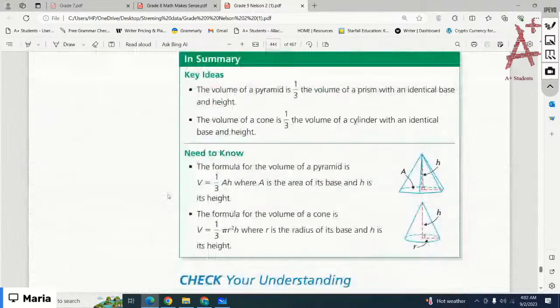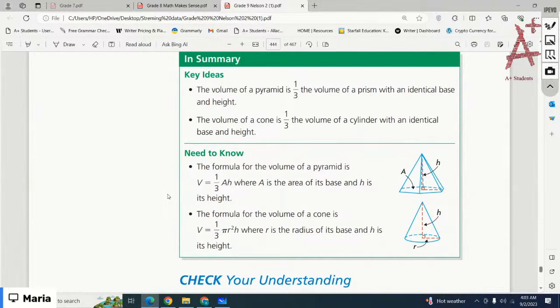The volume of a pyramid is one third the volume of a prism with an identical base and height. The volume of a cone is one third the volume of a cylinder with an identical base and height.